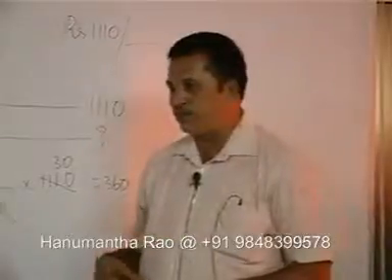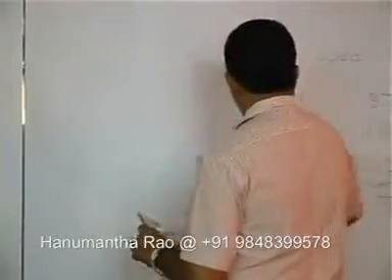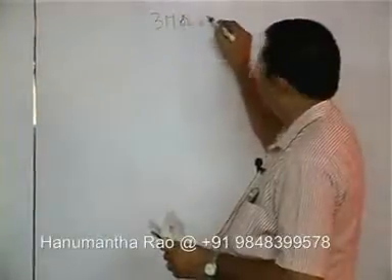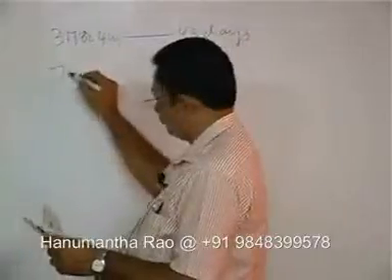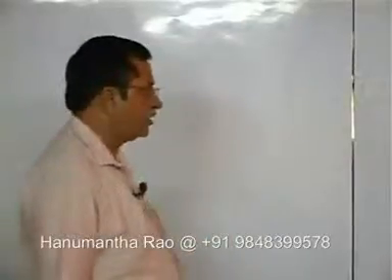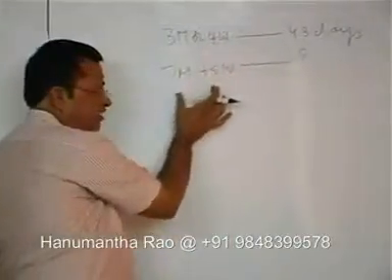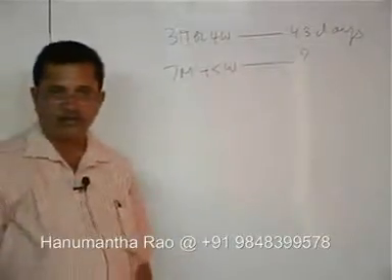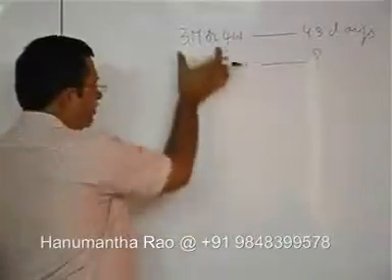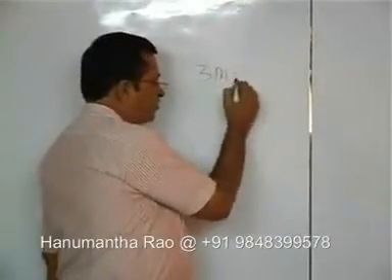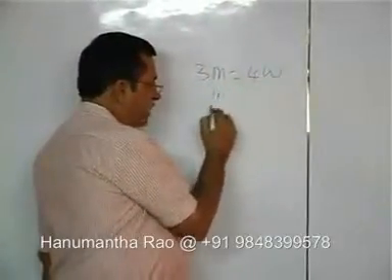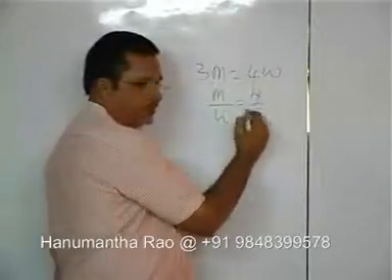3 men or 4 women can build a wall in 43 days. In how many days can 7 men and 5 women build a similar wall? 3 men's work is equal to 4 women's work, is it not? 3 men equal 4 women means man by woman is 4 by 3.